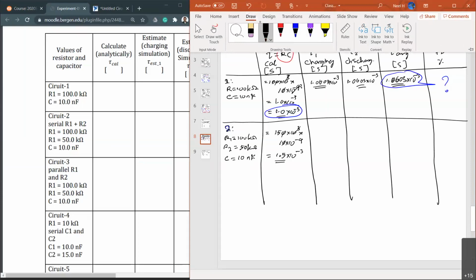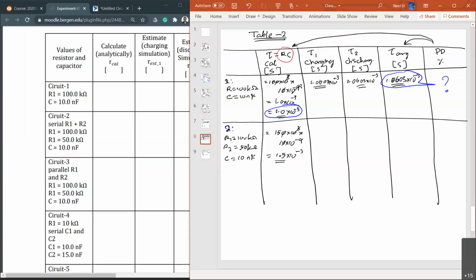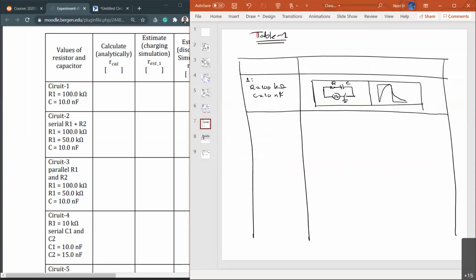Now let's build this circuit. Anybody have any questions? Now we are working on circuit number 2. You have to complete both tables, okay? R1, 100 kilo, R2, 50 kilo, and C is the same value, 10 nano.